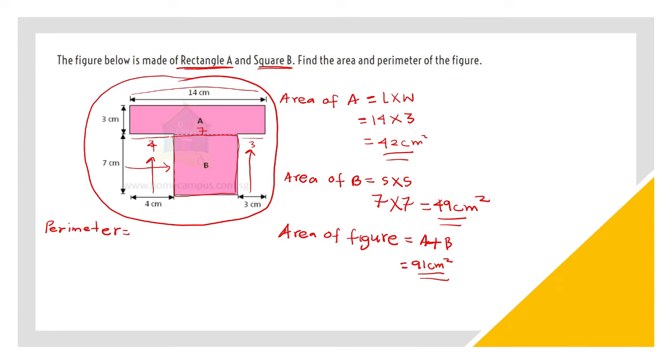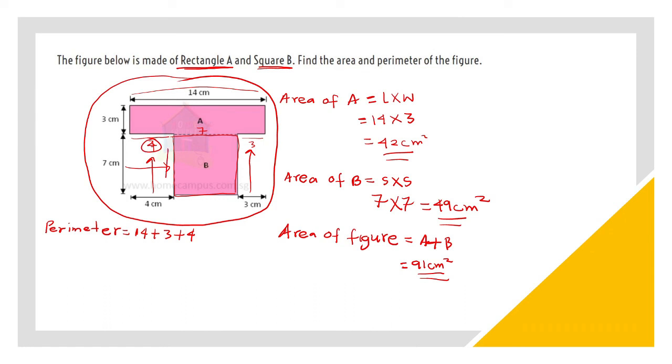All right, let's start with 14. You have 14 plus 3. I'm just moving this side, 14 towards the left. 14 plus 3 plus 4 plus 4. I'm talking about this 4 here.